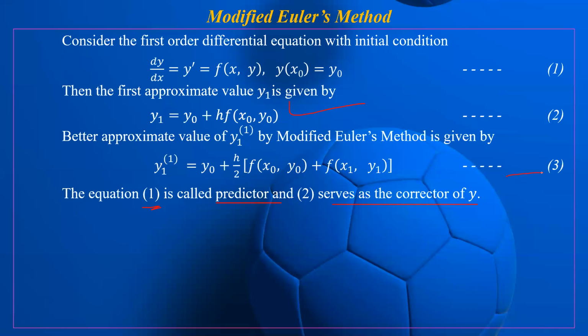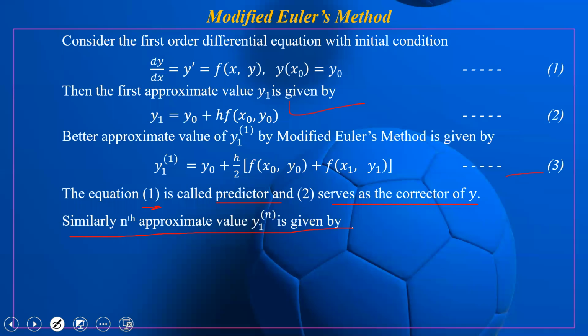Similarly, we can find the nth approximate value y1(n). This is the first iteration. Similarly we get the second iteration, third iteration, fourth iteration. Until we get the same value up to a fixed decimal, we have to do the iterations.